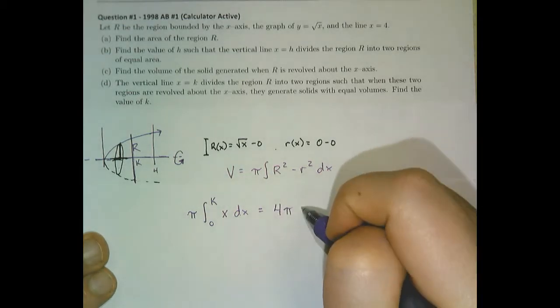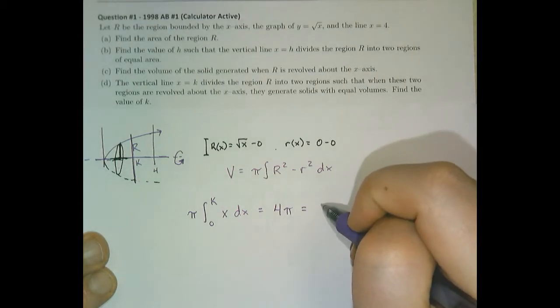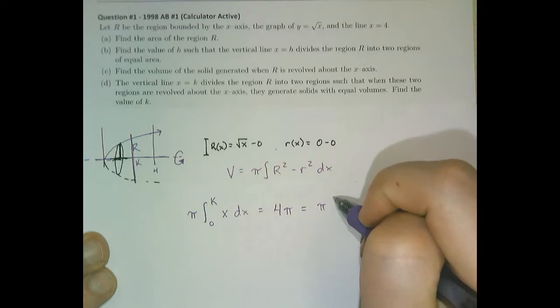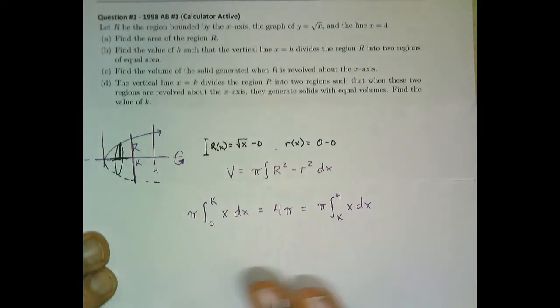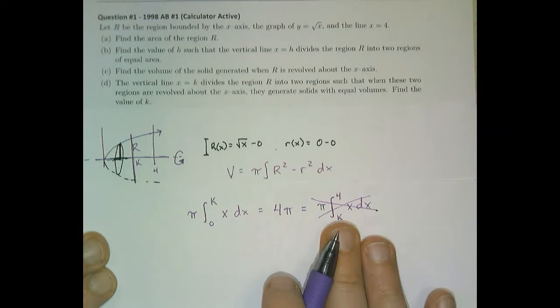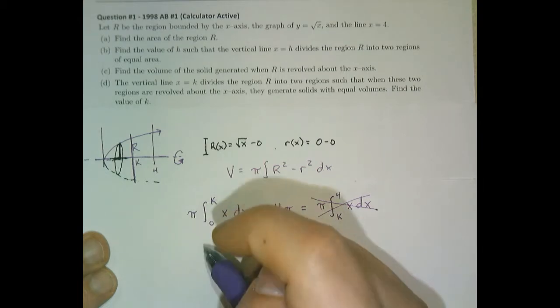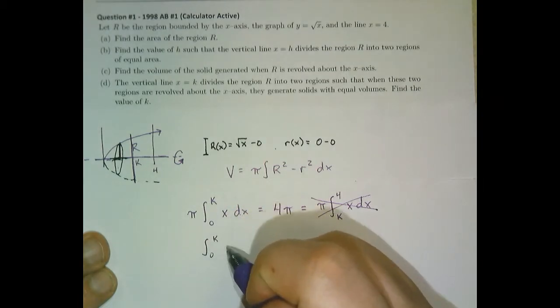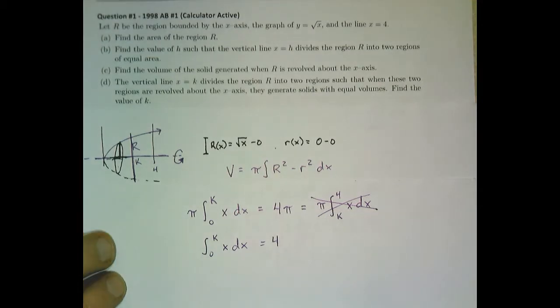It should be noted that that's relying on a past answer, and if you wanted to go without relying on the past answer, you would set this up as an expression like that. But we're going to avoid the safer approach for the faster approach. So pi's cancel, and we get the integral 0 to k of x dx is equal to 4, and we work towards solving this.